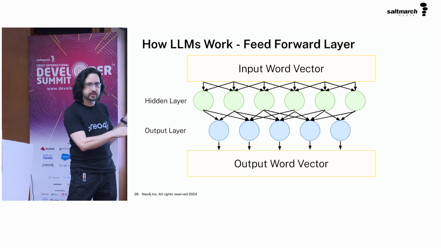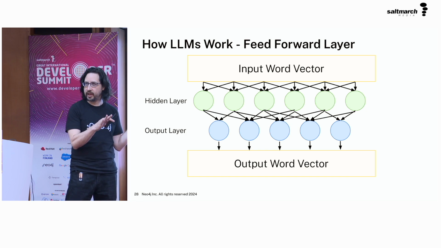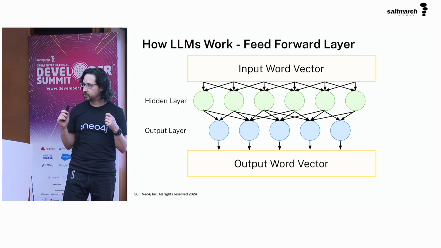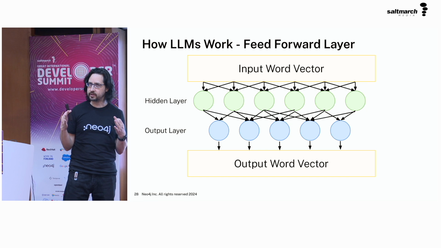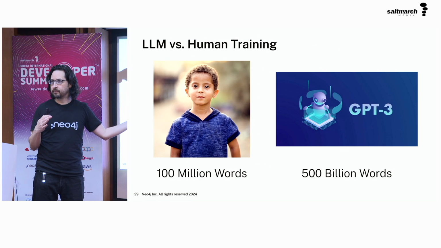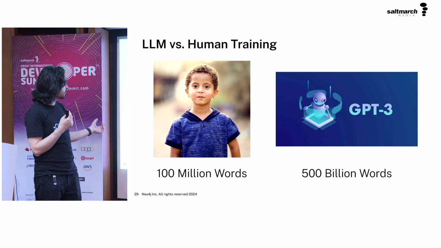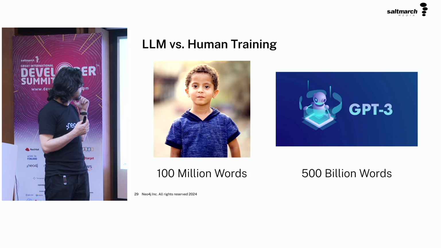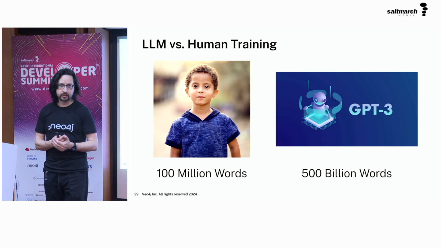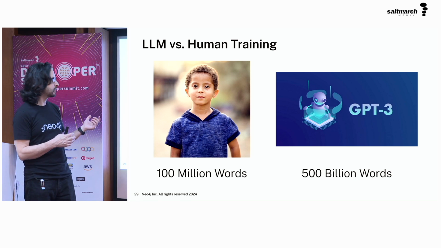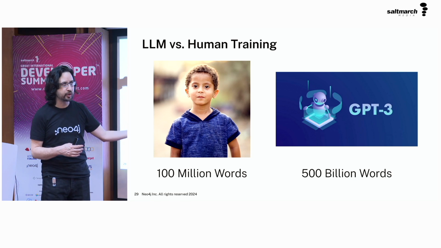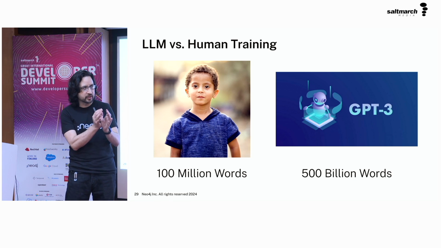Now, this is a very simplistic way of looking at neural networks and LLMs at large, but basically they're fairly simple systems which get a lot of training data. The average human at the age of 10 has been trained on about 100 million words, which seems like a lot, but compared to GPT-3, which is trained on 500 billion words, we have a very, very small knowledge base.